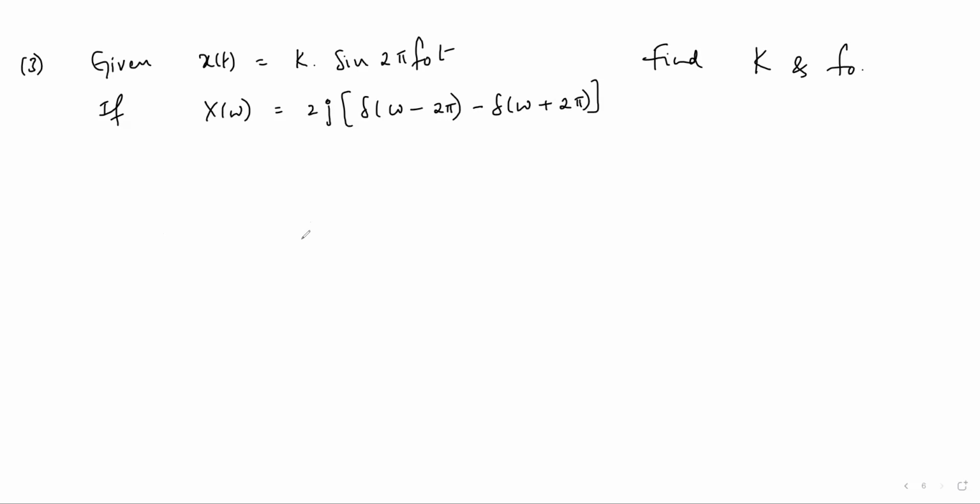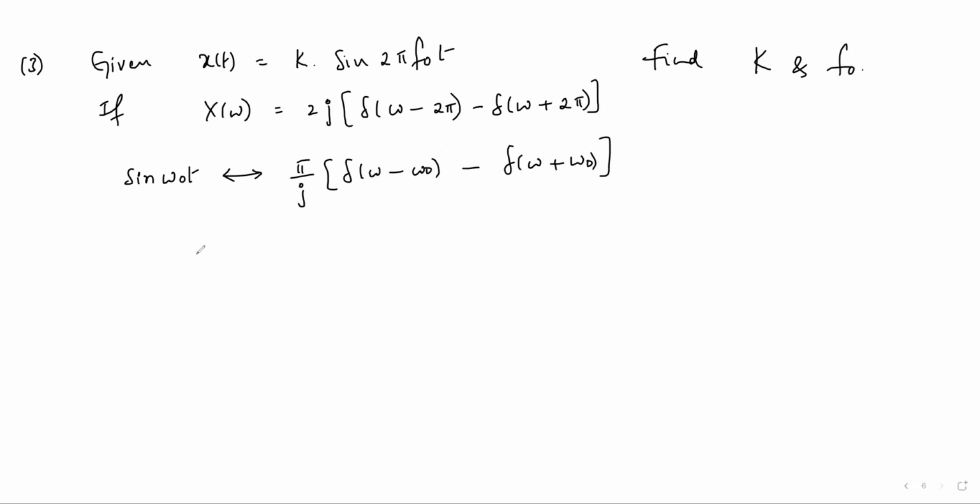Find the Fourier transform pair for the sine function in terms of x of omega format. You write it first, compare with the given x of omega, and sort out the values of k and f naught. So if we have sine omega naught t, the Fourier transform, as we have just seen, is pi by j, del of omega minus omega naught minus del of omega plus omega naught.